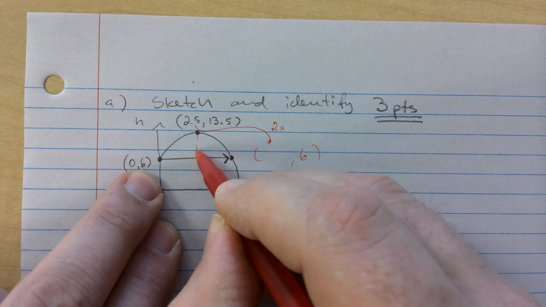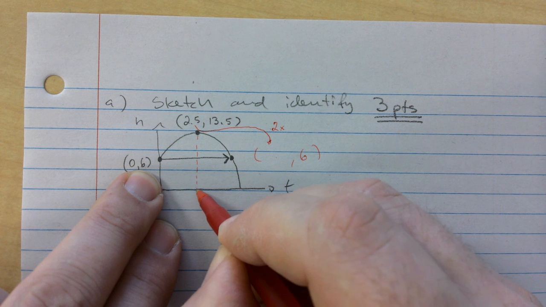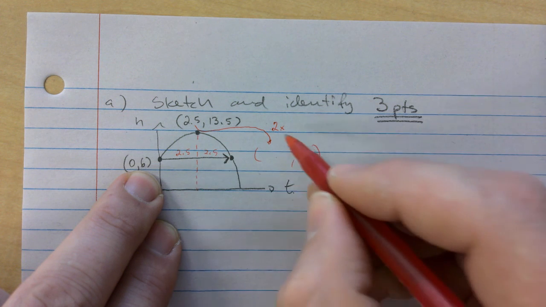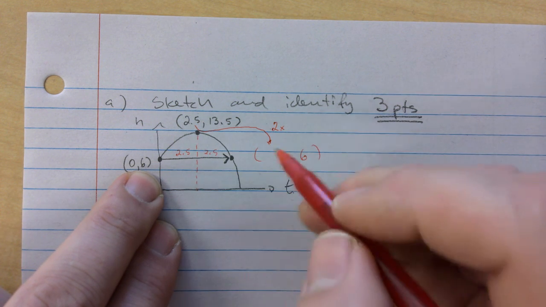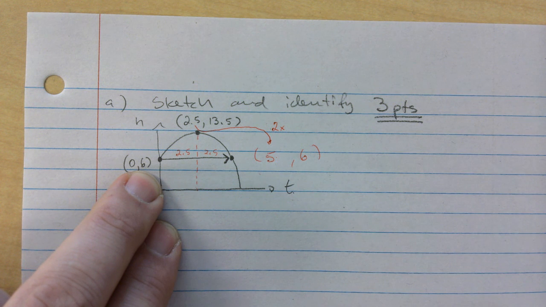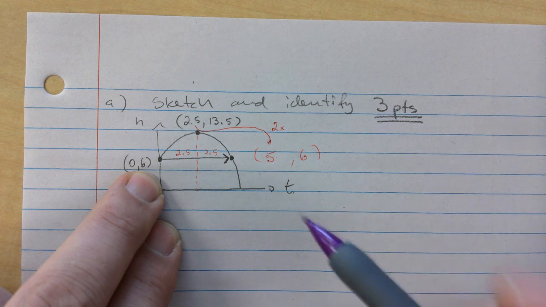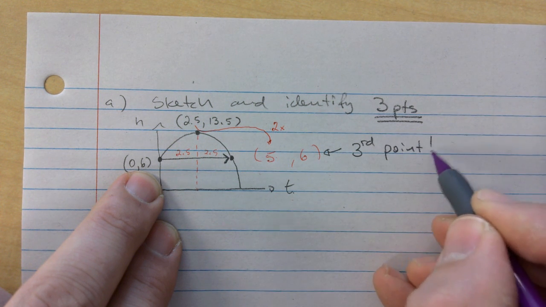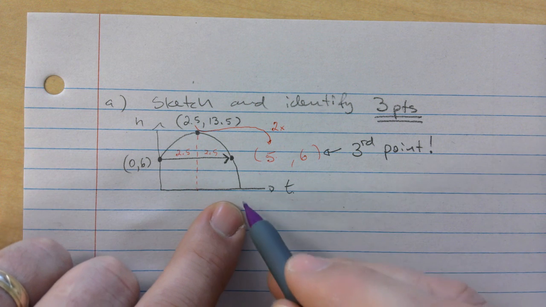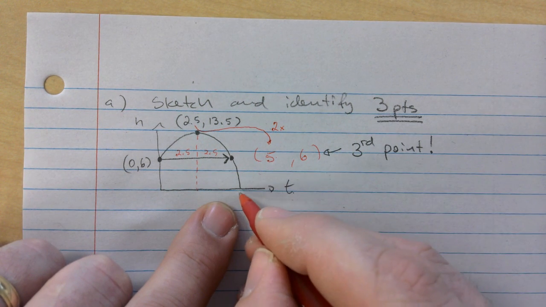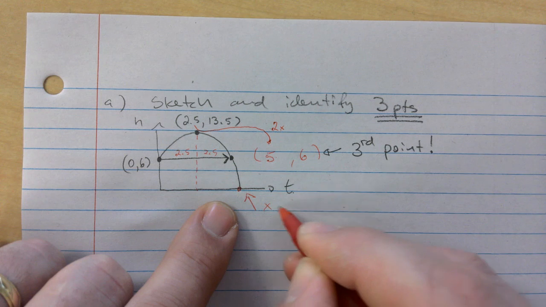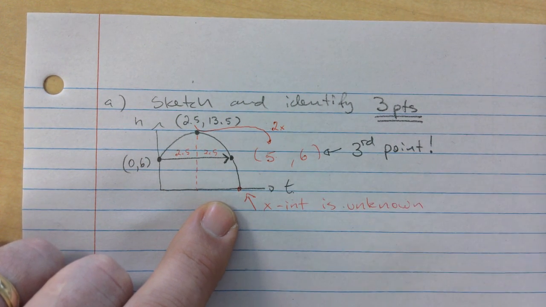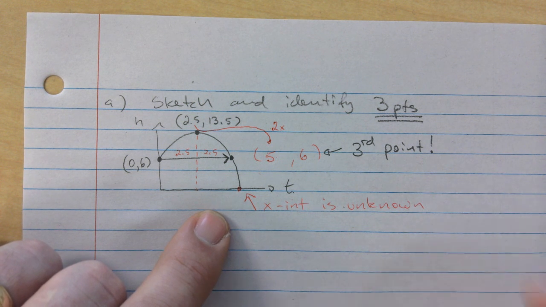Because remember, this is your axis of symmetry, right? And that x value tells you it took 2.5 there and another 2.5 there. So essentially twice that. So that's 5, 6. This is your third point. And remember, X-intercept is unknown. Exclamation mark.